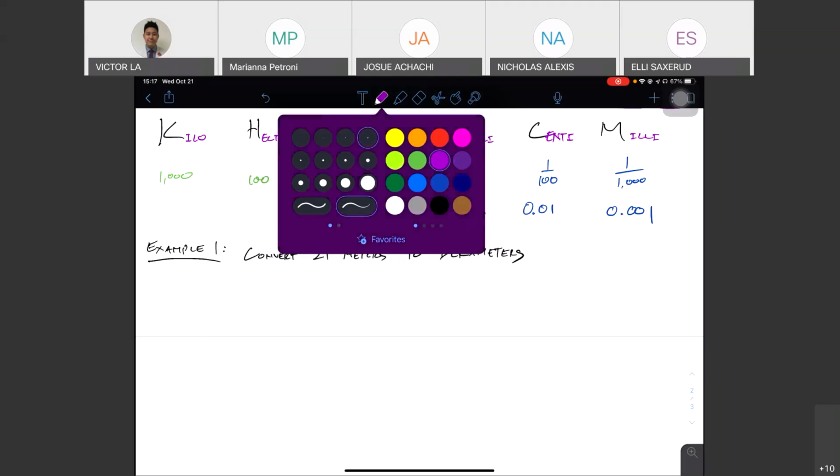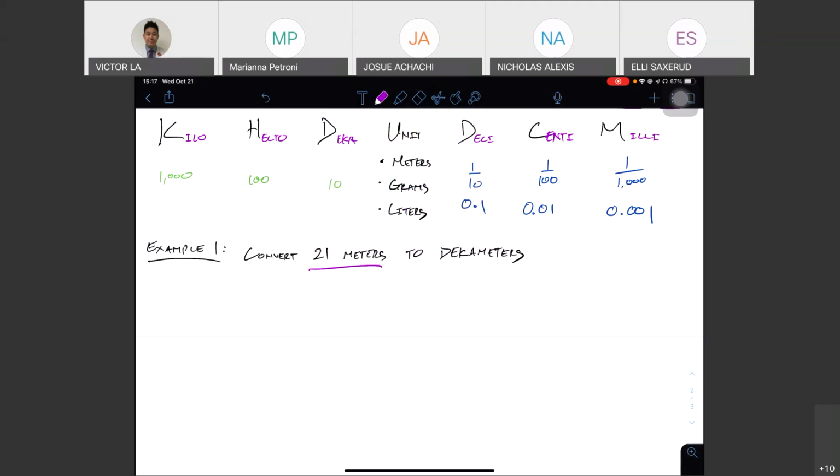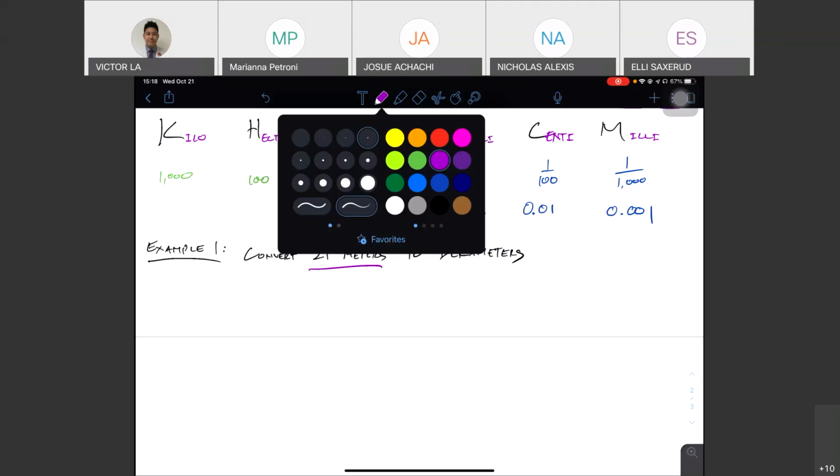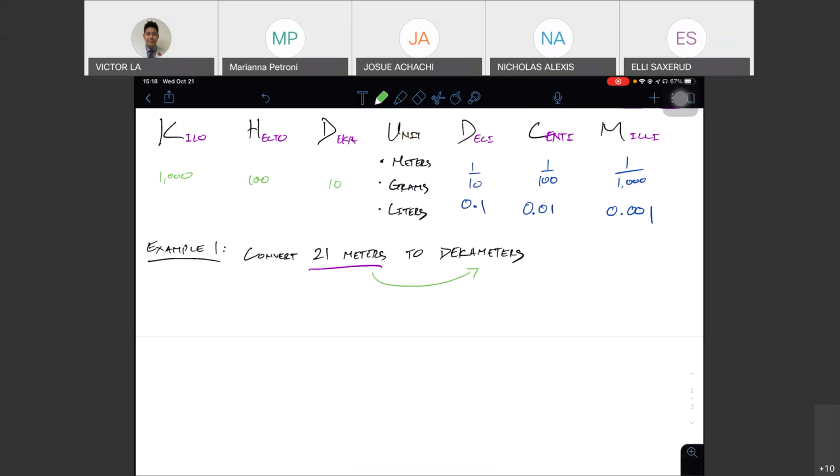So you see that the base unit right here is 21, but they want you to go to decameters, and the difference there is 10, right? So then all you do is you just take your 21 meters, and how do you get from meters to decameters?